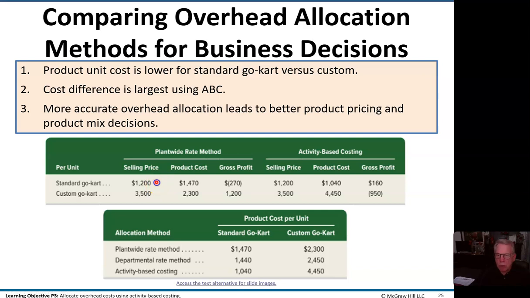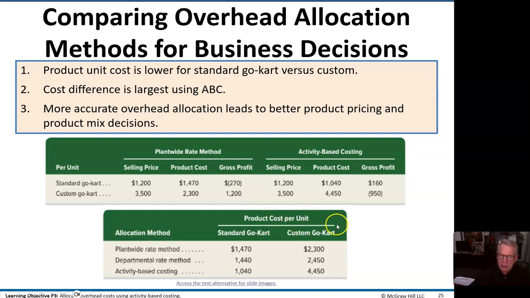The selling price is only $1,200, where our product cost is $1,470. And that product cost, of course, includes direct material, direct labor, and the critical piece here is overhead. And the custom go-kart was selling at $3,500, but its product cost using the plant-wide rate method was $2,300, and that gave us a gross profit of $1,200.